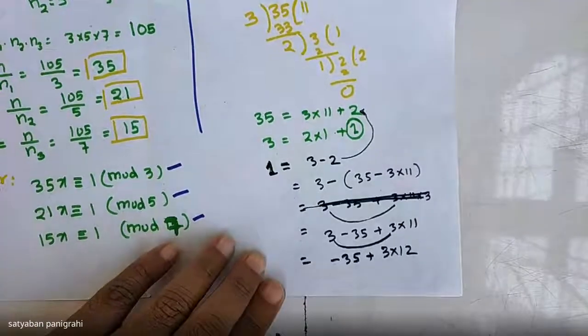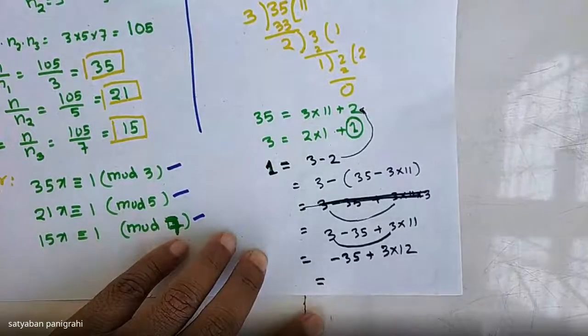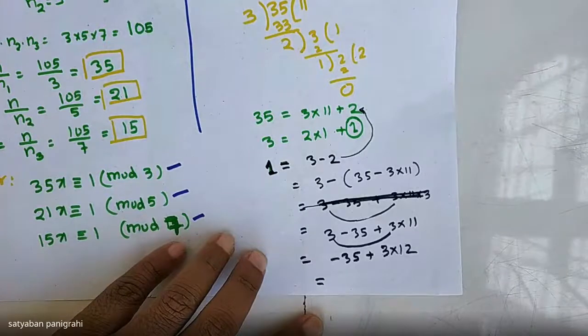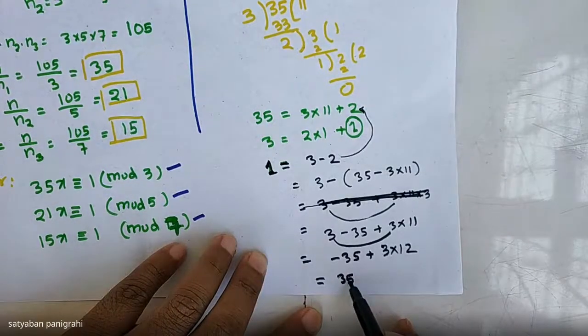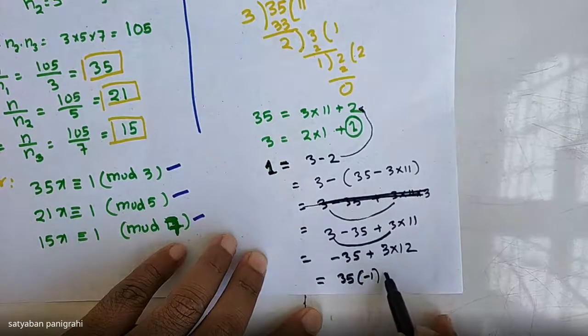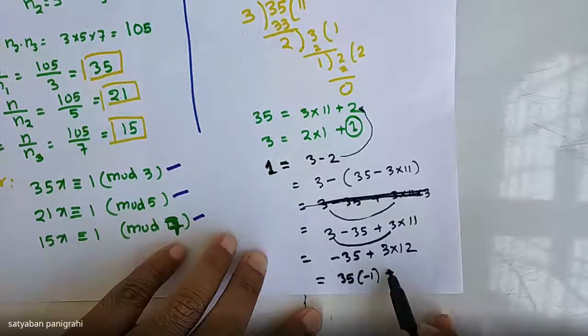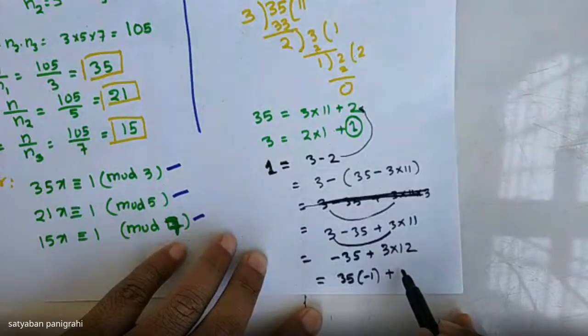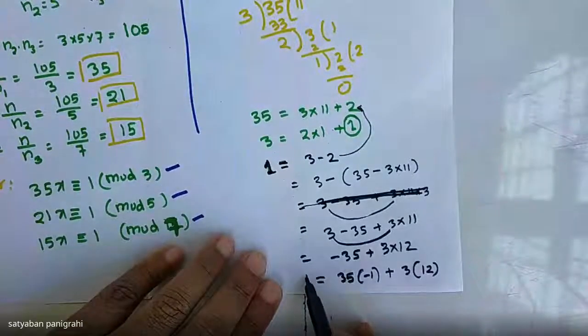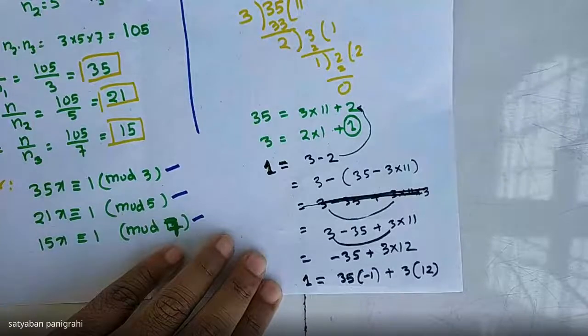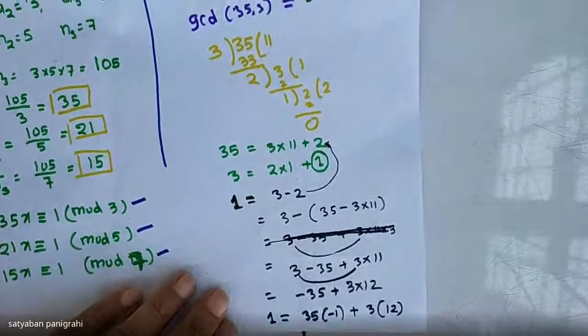Okay, so just comparing with this one, we are writing 35 into minus 1 plus 3 into 12. We are writing 1 equal to this much. So just compare.